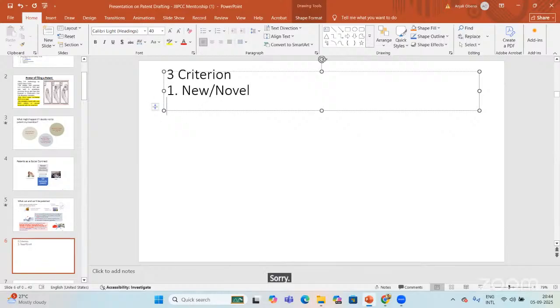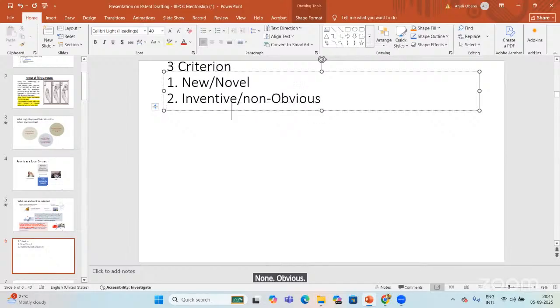The second one is inventive, or some call it non-obvious. And the third one is industrial applicability.